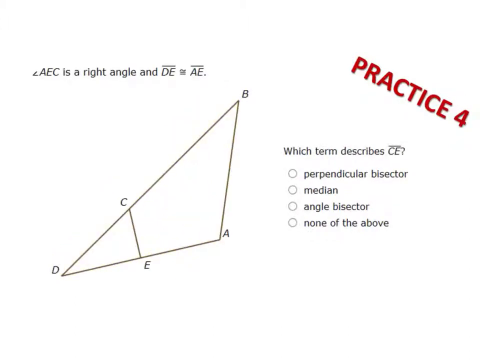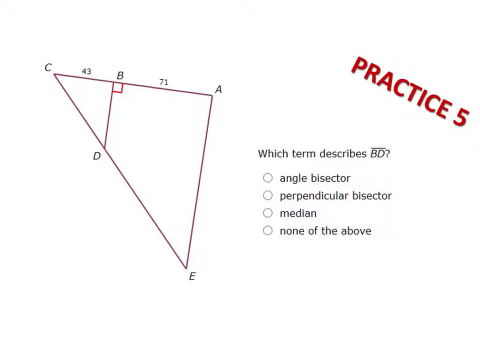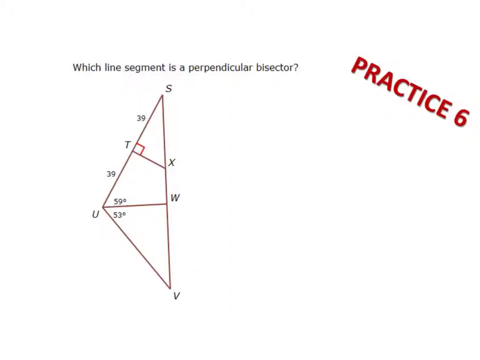Angle AEC is a right angle, and line segment DE is congruent to line segment AE. Which term describes line segment CE? Practice 5. Which term describes line segment BD? Practice 6. Which line segment is a perpendicular bisector?